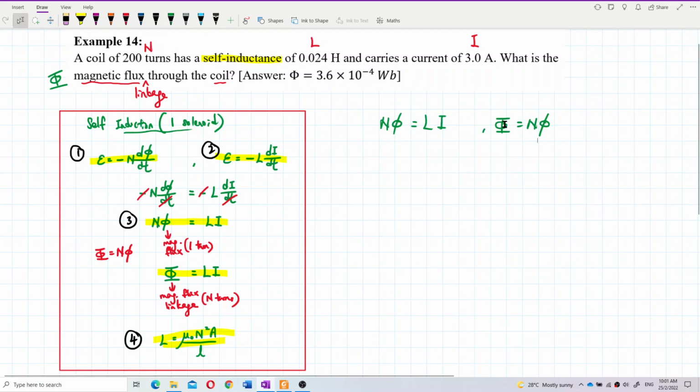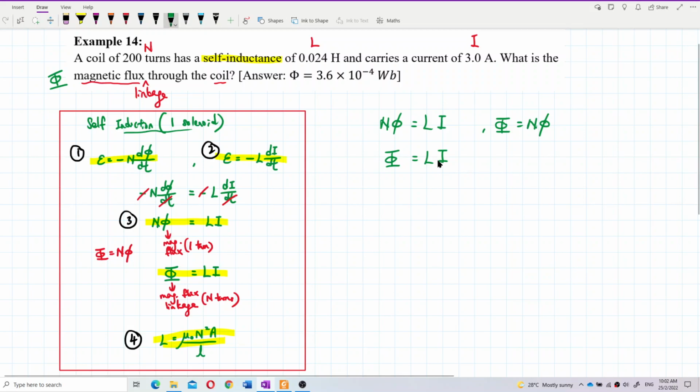So I want to find the capital phi through the whole coil, so it should be a linkage. So capital phi equals Li. Just take this L, multiply by this I, and we should get the answer.